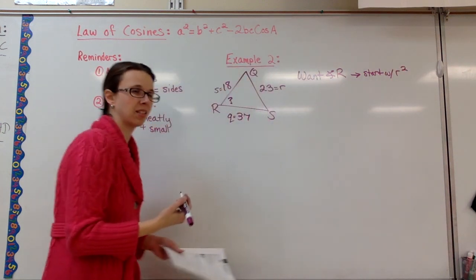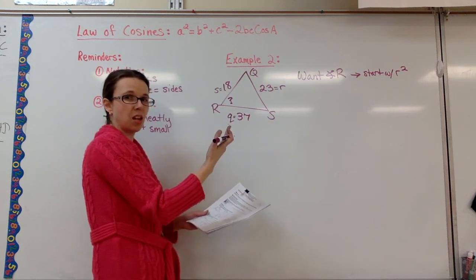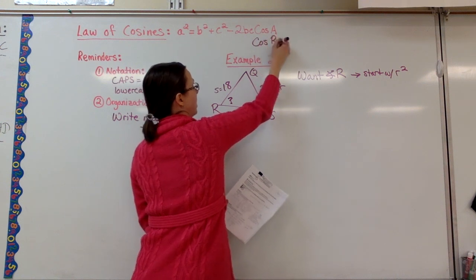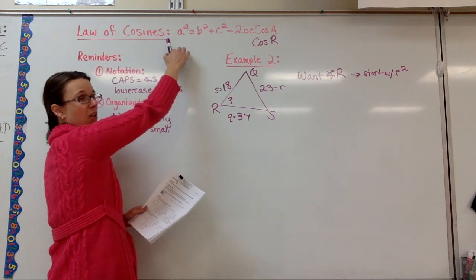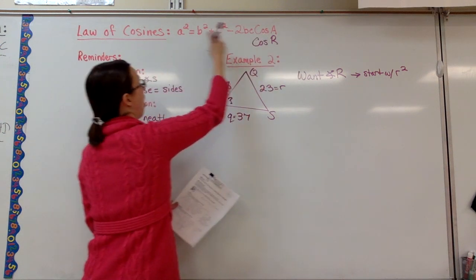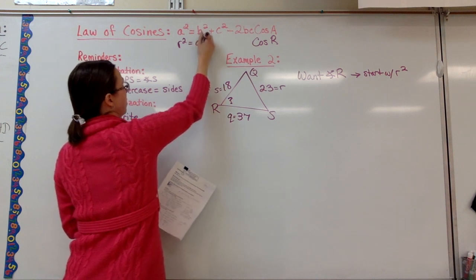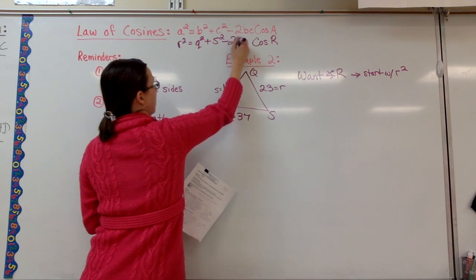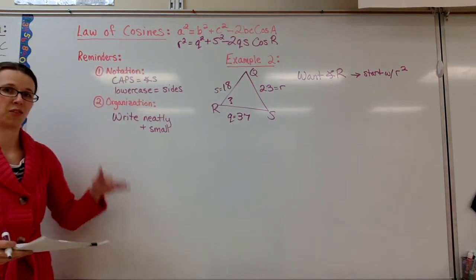I hope that makes sense to you, because if we're finding angle R, then that means angle R has to be in the equation itself. So that means cosine of R is what we're finding, which remember corresponds to way down at the left end of the equation. If this is capital R, then this is lowercase r. And the other two variables we'll put in alphabetical order, so q squared plus s squared minus 2qs cosine of R is how that's all going to get filled in.